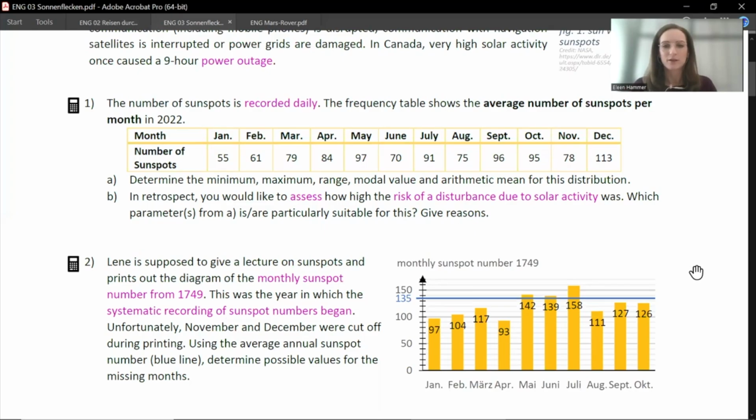And here they should get a feeling for how the numbers change. They do some statistics with it, and then they're supposed to assess what statistical value is best to judge the risk of a disturbance due to solar activity.